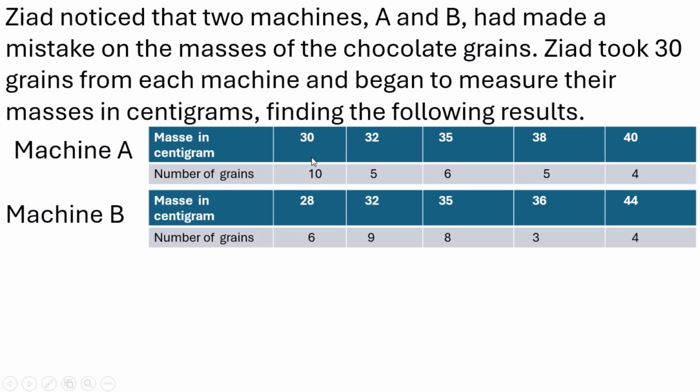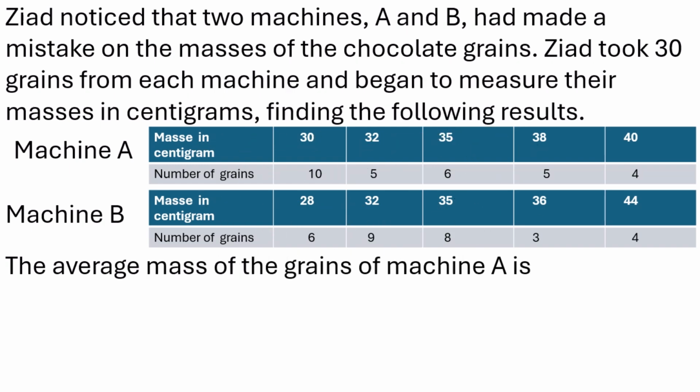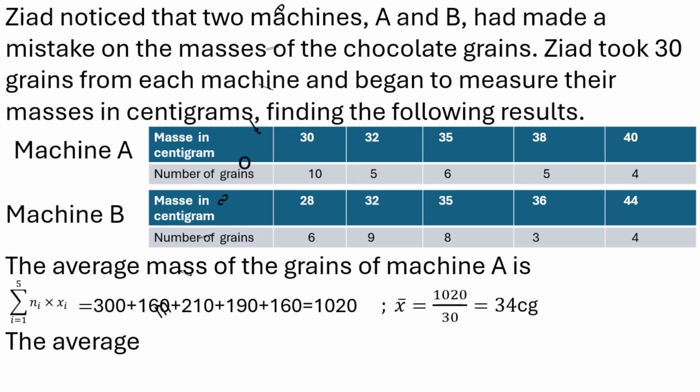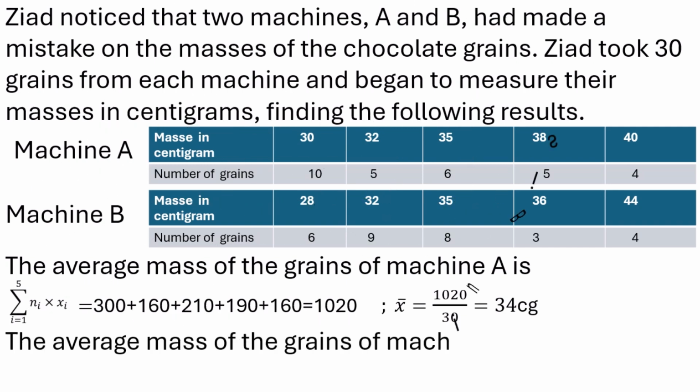We multiply 10 times 30 plus 5 times 32 plus 6 times 35, etc. The average mass of the grain of machine A is 34 centigrams.